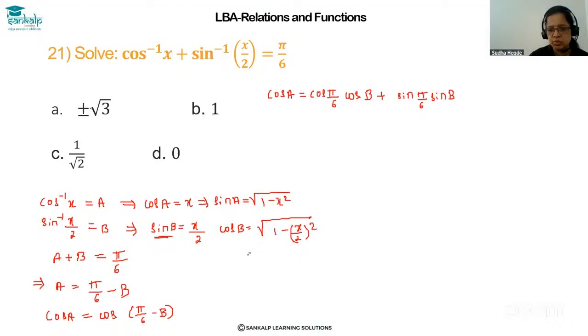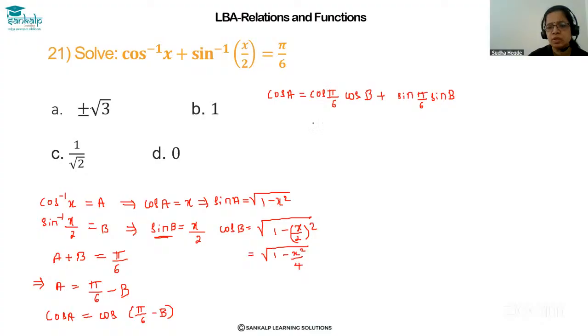Correct? That is square root of 1 minus x square by 4, because cos B is equal to square root of 1 minus sin B whole square.